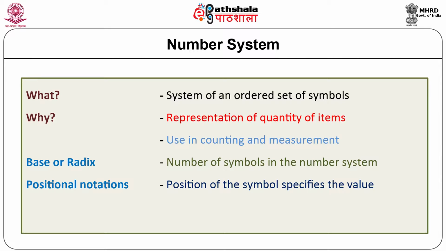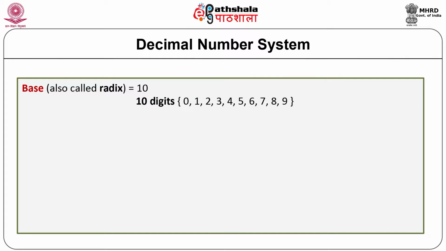The position of the symbol within the number indicates the multiplication by relevant power of the base. Weight of the number depends on the position of the number. Many number systems are used in real world. Most common are decimal, binary, octal and hexadecimal. Let us start discussion with popular decimal number system. The decimal number system is a base 10 system.